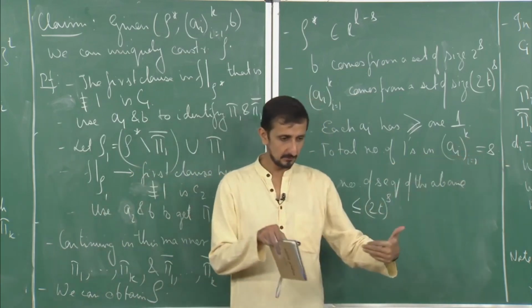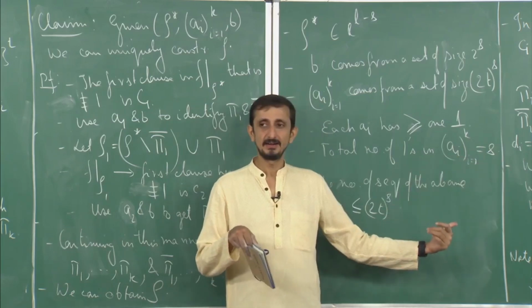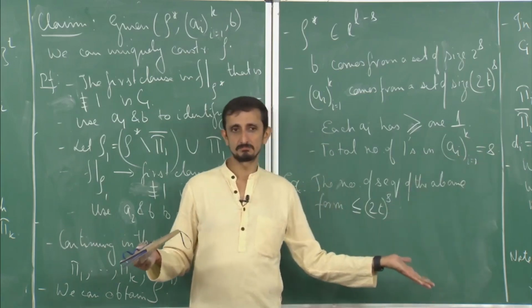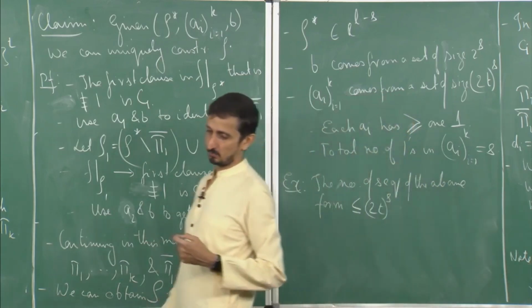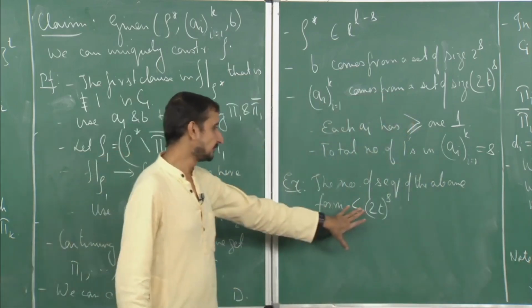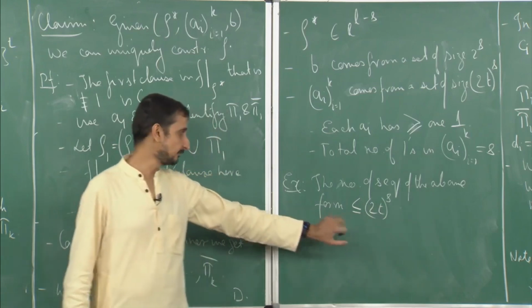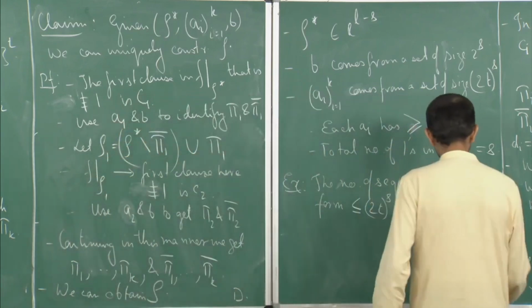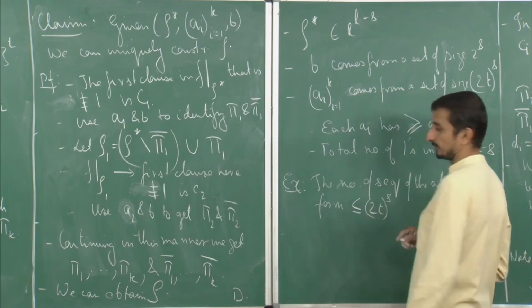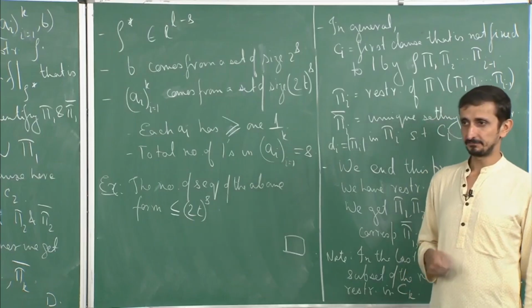So, the number of pi 1 up to pi k is at most s, because in each of these there is at least a single one. So, this is again a simple combinatorial argument, you can think about this. So, this completes the proof of Hastad switching lemma.